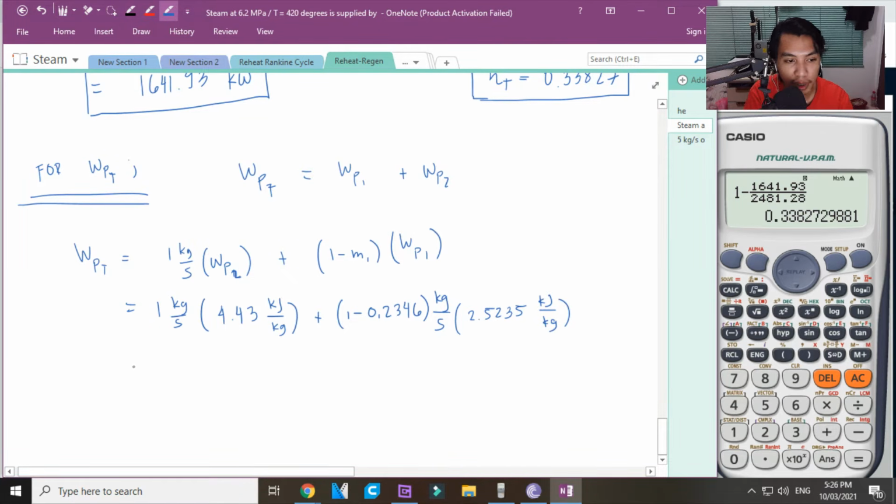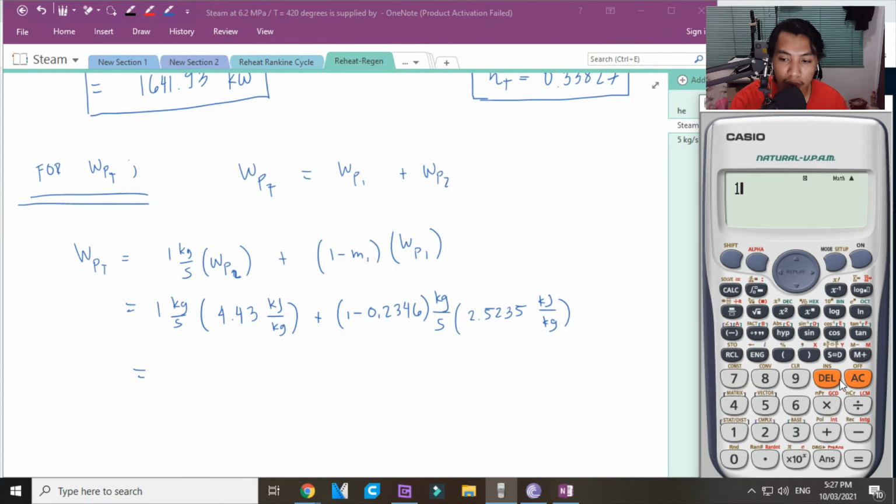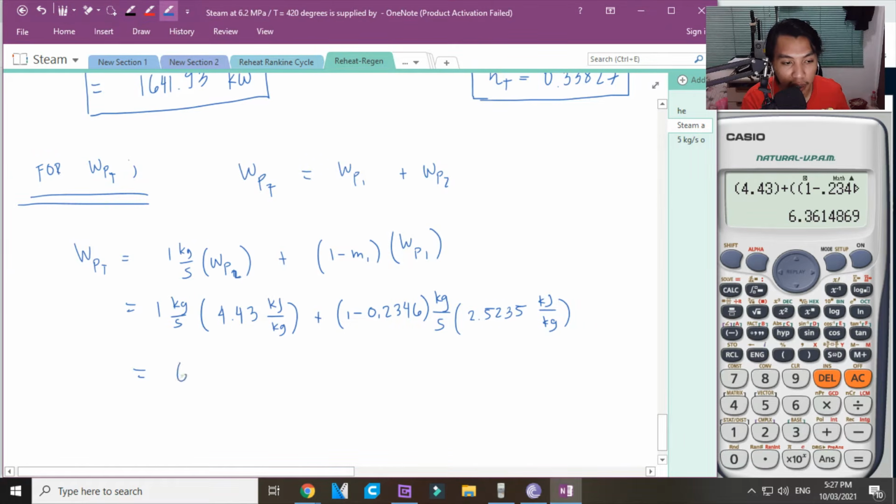Ang lalabas dito is in kilowatt. For the pumping requirement, 1 times 4.43 plus 1 minus 0.2346 multiplied to 2.5235. 6.36 kilowatts lang. Ang liit, di ba? That is the pump work.